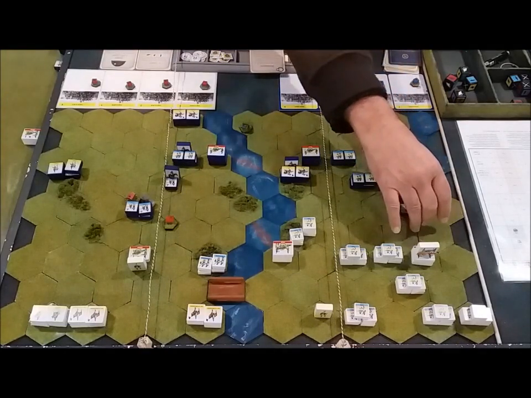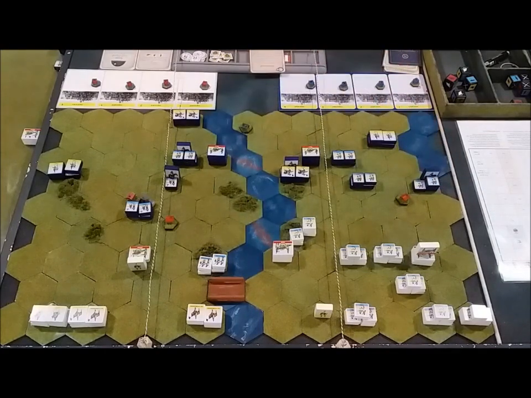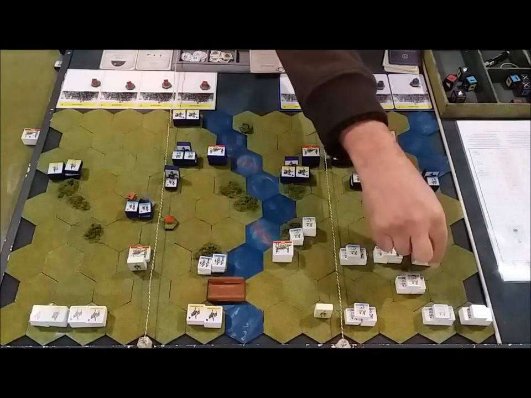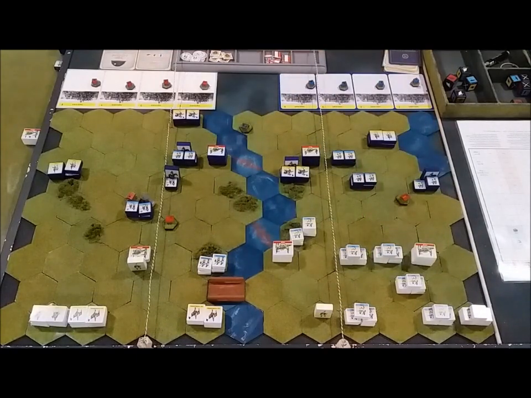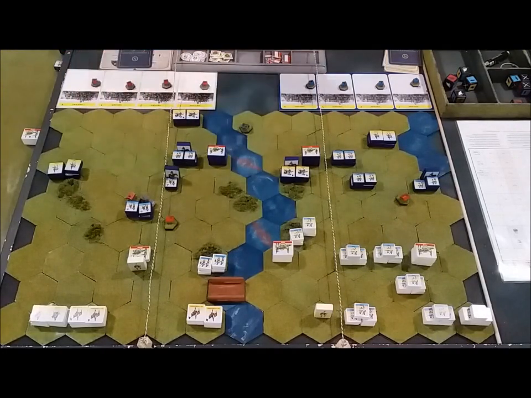So they have to retreat 1 at a minimum. So they retreat to there. And that is the end of the Austrian turn. And now they only have the 1 hex, so they're not going to get any points for this go.